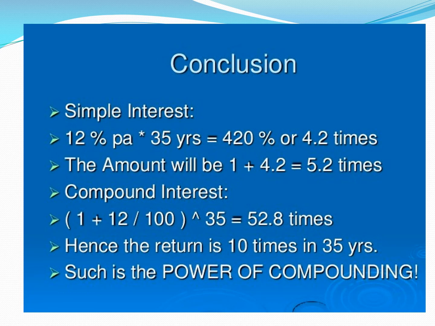With simple interest, 12% per annum for 35 years equals 420%, or 4.2 times, so the amount will be 1 plus 4.2, equal to 5.2 times. With compound interest, (1 plus 12 by 100) power 35 is about 52.8. Hence, the return is about 10 times higher. Therefore, the power of compounding.